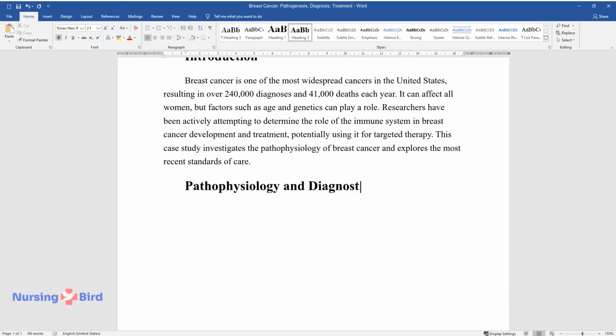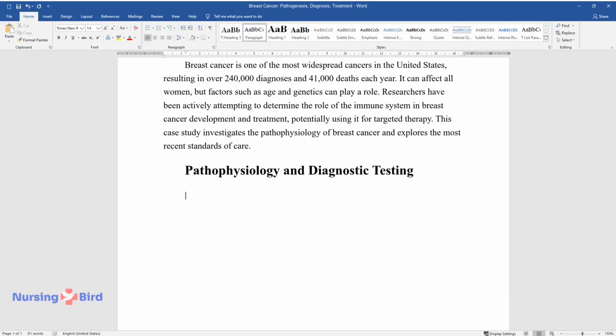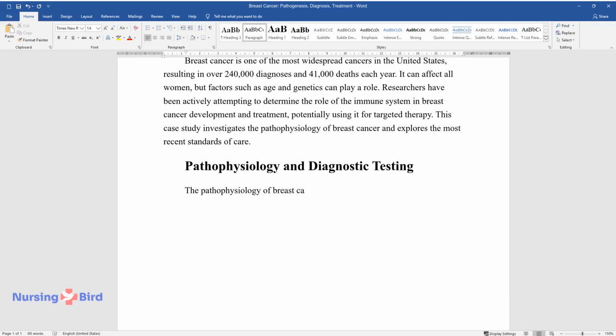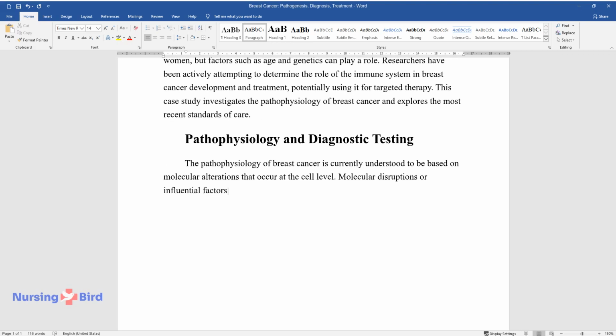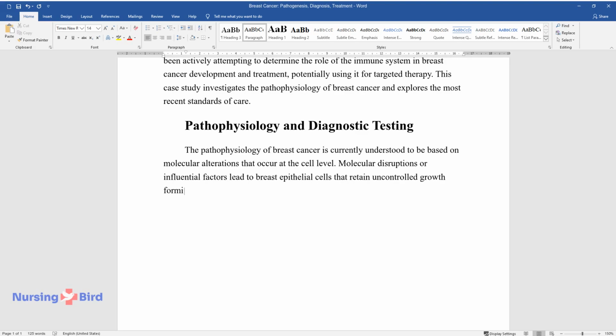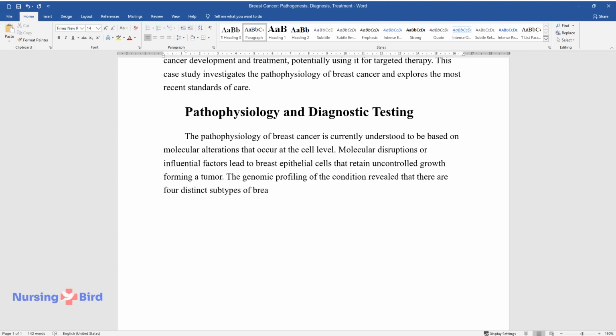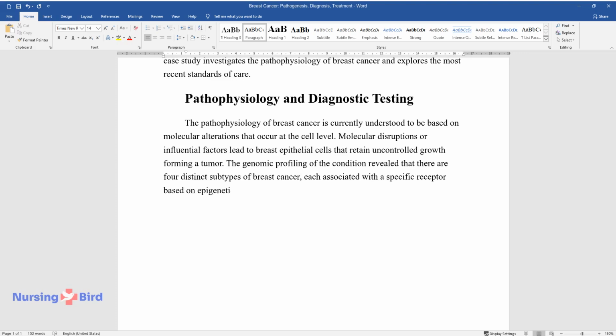Pathophysiology and diagnostic testing. The pathophysiology of breast cancer is currently understood to be based on molecular alterations that occur at the cell level. Molecular disruptions or influential factors lead to breast epithelial cells that retain uncontrolled growth, forming a tumor. The genomic profiling of the condition revealed that there are 4 distinct subtypes of breast cancer, each associated with a specific receptor based on epigenetic aberrations.